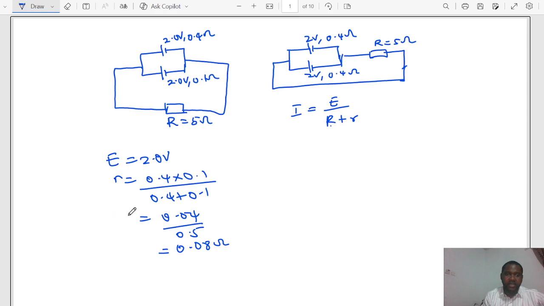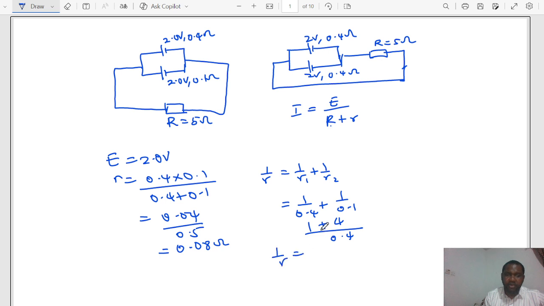Or you can just say 1 over R equals 1 over R1 plus 1 over R2. This is also correct, which is 1 over 0.4 plus 1 over 0.1. The LCM is 0.4. 0.4 divided by 0.4 is 1, 1 times 1 is 1. Plus 0.4 divided by 0.1 is 4, 4 times 1 is 4. So 1 over R will be equal to 1 plus 4, which is 5 over 0.4, right? So R will be 0.4 divided by 5, which is 0.08 ohms.